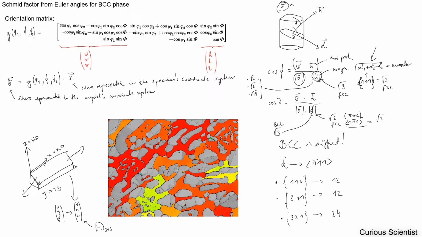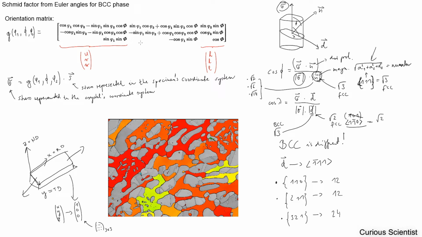And what you do is you take your stress that is defined here. You have your Euler angles. First of all, you translate this matrix into numbers. So you just substitute the Euler angles into their corresponding places, based on which is phi 1, which is phi 2, and which is capital phi.